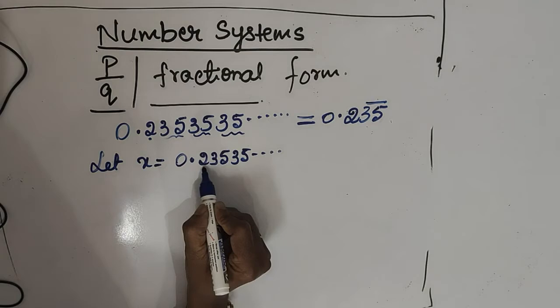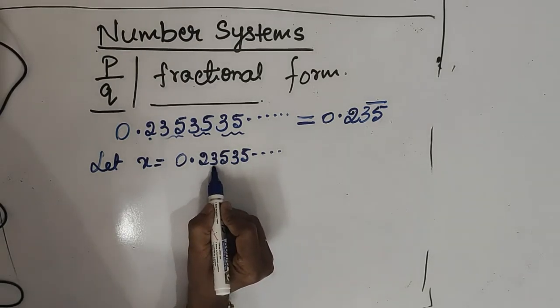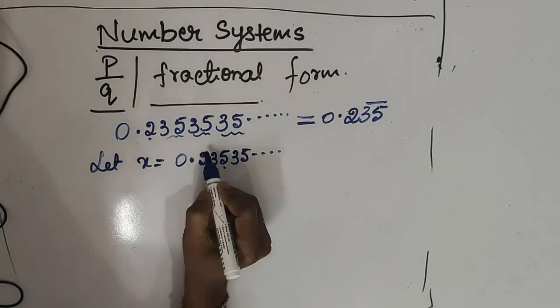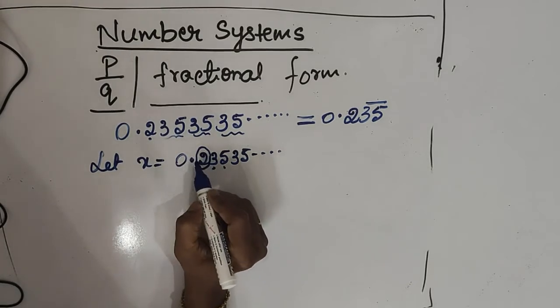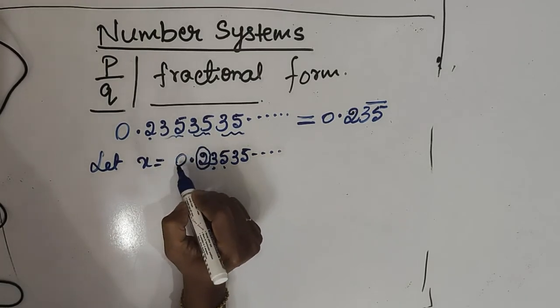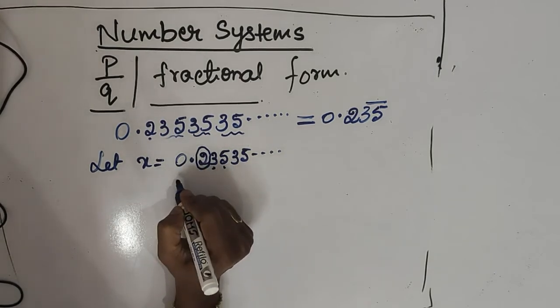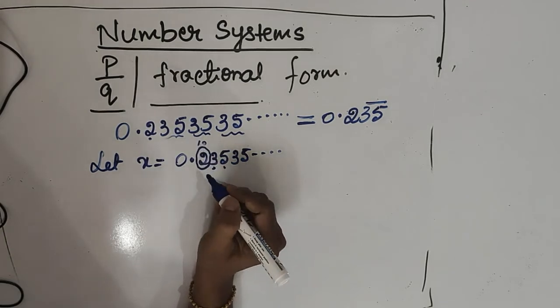The first number is not repeated; the second and third numbers are repeated. So first we have to bring this separate number here, because it is not repeated. A separate number sits in the 10th place, so we have to multiply by 10.